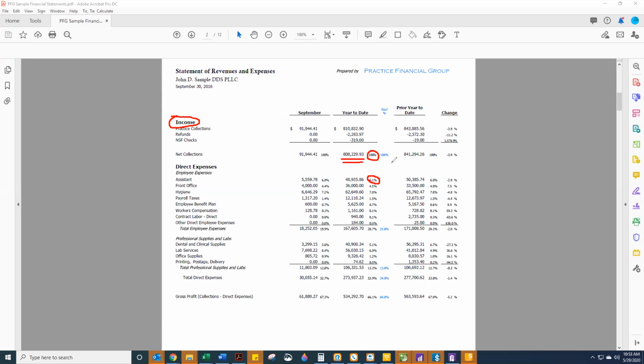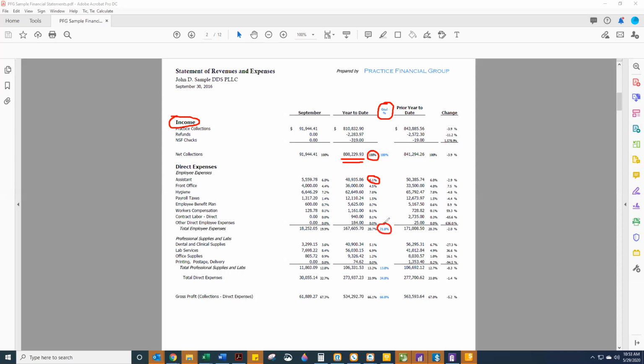Okay. The other thing to realize is that this goal percentage we have set up here in blue, for now, these goal percentages are industry standards for general dentists. Once we have your first financial planning consult, these numbers will change.